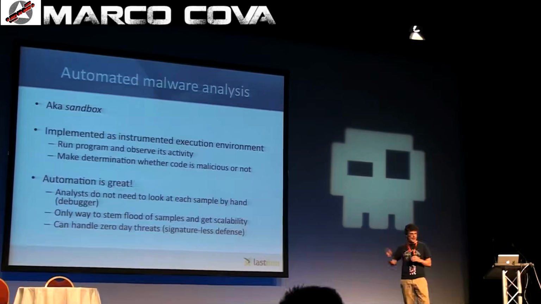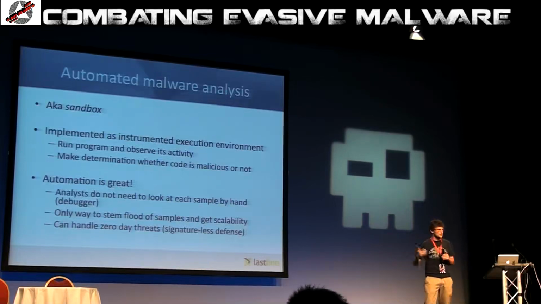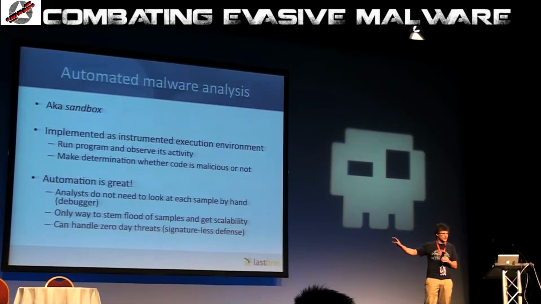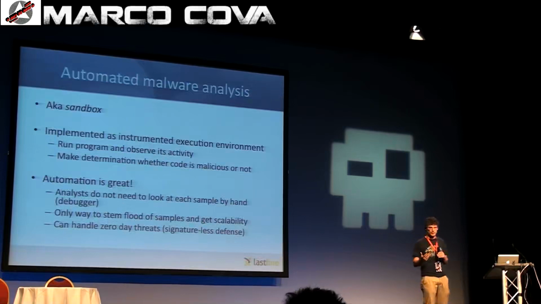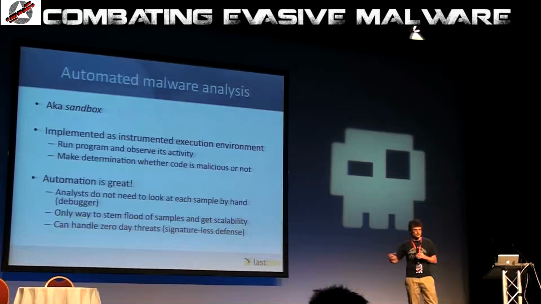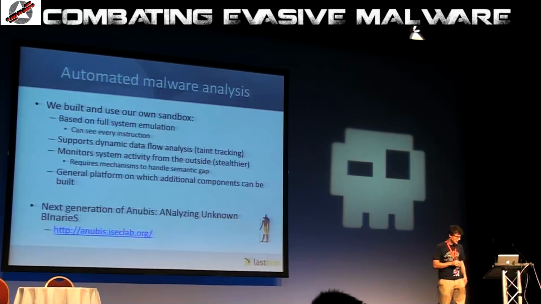You can just set up a farm of virtual machines where the sample is going to be run in this way, and you can semi-easily keep up with the amount of samples that are coming in. So very good technique, very good approach. Also very good because you can, in theory at least, handle zero-day threats. So if there is a zero-day, an exploit that targets a vulnerability that was not known before, by using these techniques, since you don't have signatures, you're likely to catch it and to realize that there's a new exploit out there.